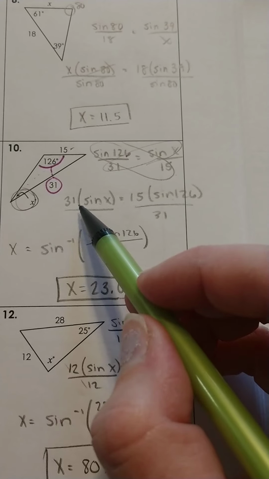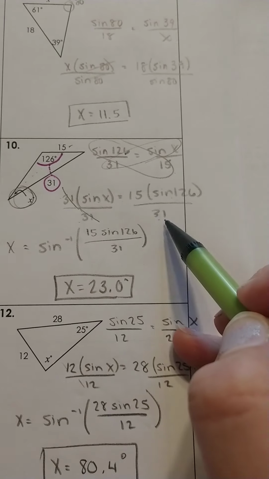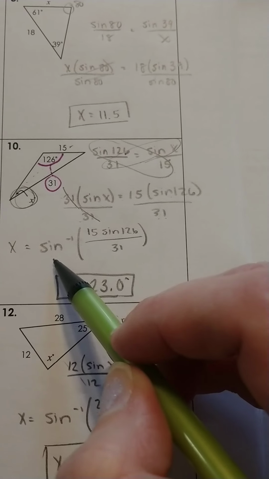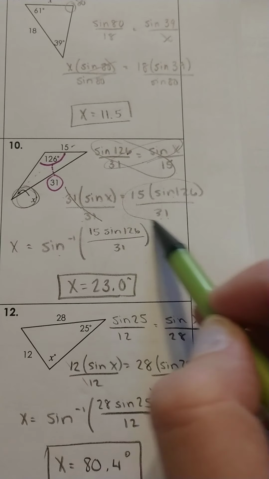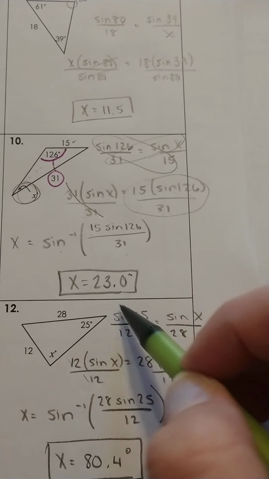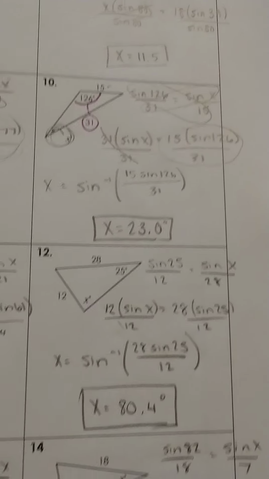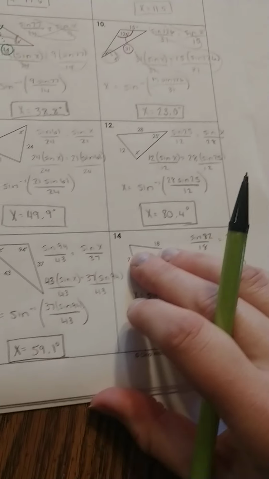To get sine of x by itself, I divide by 31, so these cancel. And I have to take the inverse sine of this fraction, 15 times the sine of 126 over 31, and that gives me 23.0.